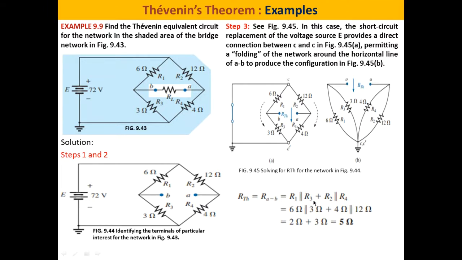So it is R1 in parallel with R3 plus R2 in parallel with R4. The ground is a simple point so they are in series. This is the block, parallel block R1, R3 is in series with the parallel block R4 and R2. So R Thevenin is equal to RAB equals R1 in parallel with R3 plus R2 in parallel with R4. It is equal to 5 ohms. So we have determined the R Thevenin.